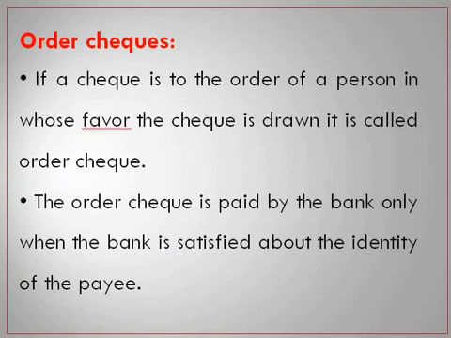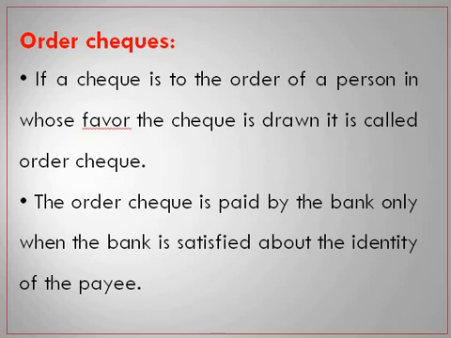Next, we are going to see about the order check. If a check is to be paid to the order of a person in whose favor the check is drawn, it is called an order check.